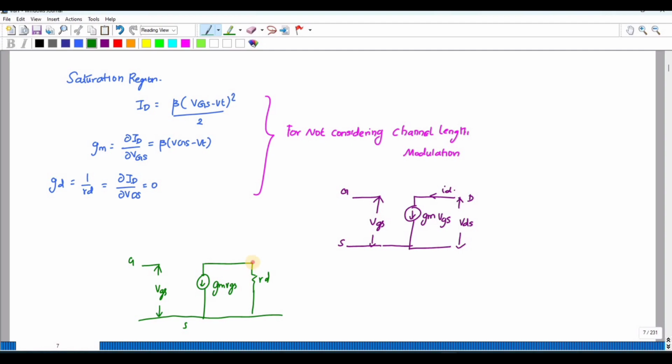So this is your small signal model for the common source configuration.